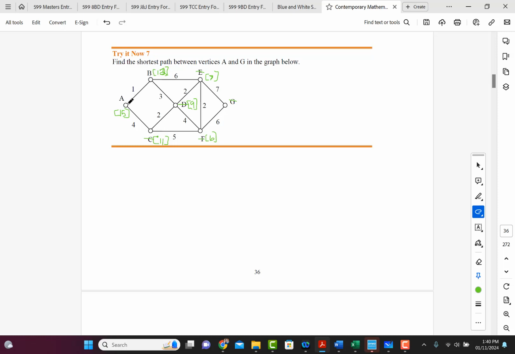And the only vertex that we haven't visited is A. So A to B is 1. So we add 1 to 12, which is 13. Now 13 is smaller than 15. So this is going to be 13.